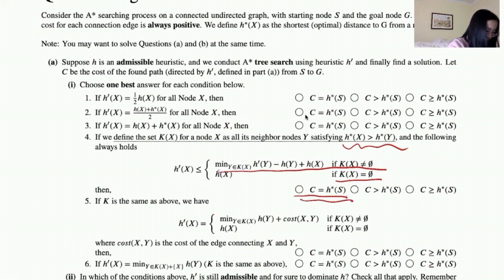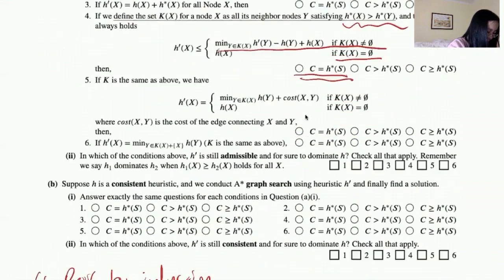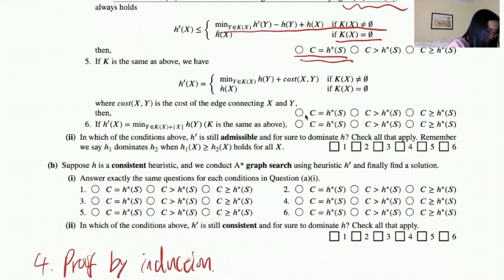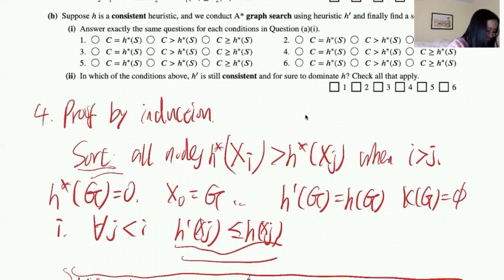So we know that for each x, there will always be an optimum path from x to g.